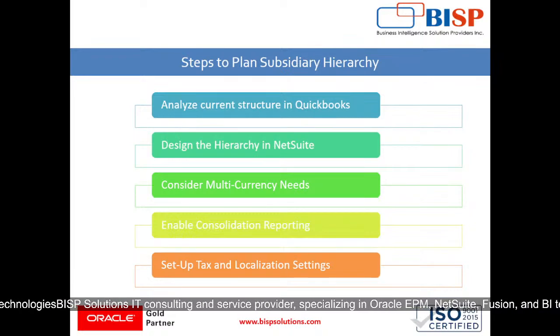Then comes our considering multi-currency needs, where we will be assigning currencies to subsidiaries based on their operating regions. Then enabling consolidation reporting, which means we will be ensuring the hierarchy supports consolidated financial statements including intercompany transactions. Lastly, setup tax and localization settings, which means we will be configuring tax codes and compliance requirements for each subsidiary.